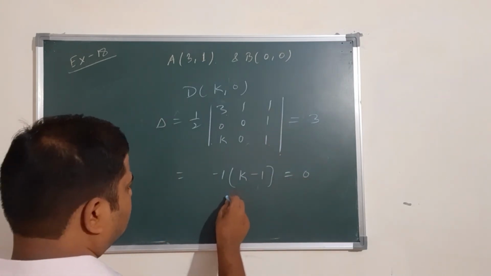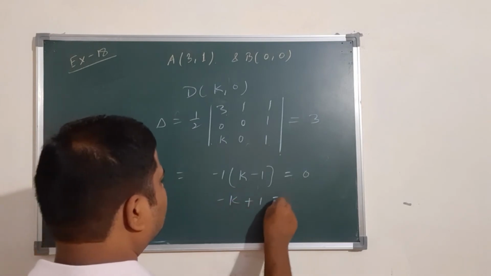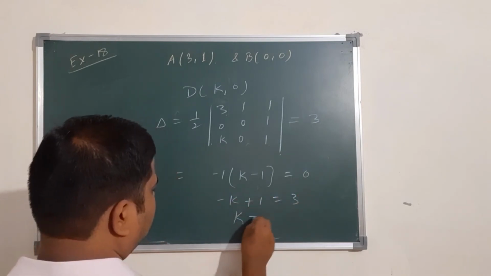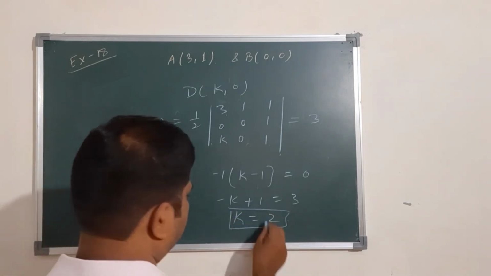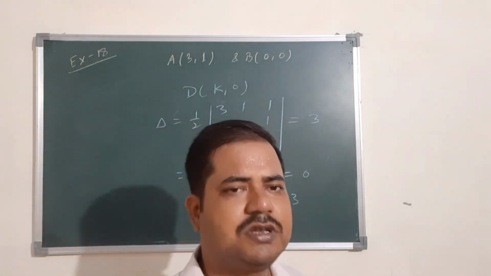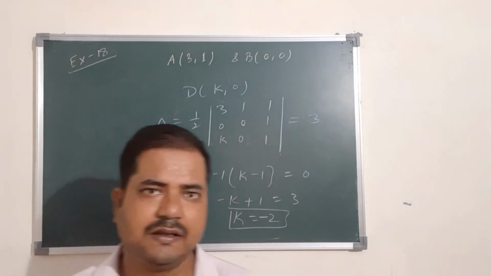So minus k plus 1 is equal to 3, so k is equal to -2. So this is the value of k.